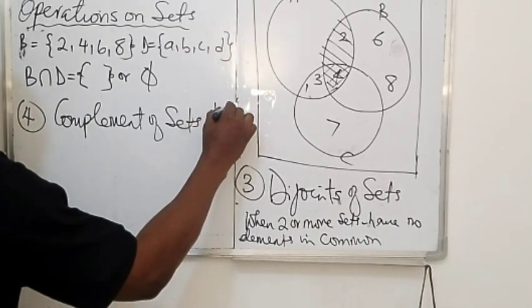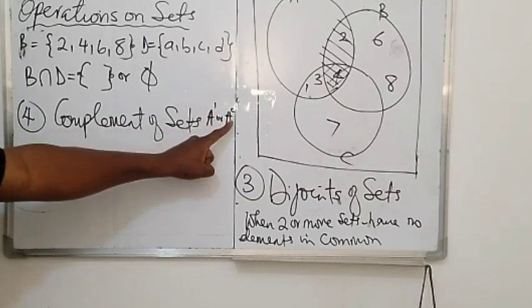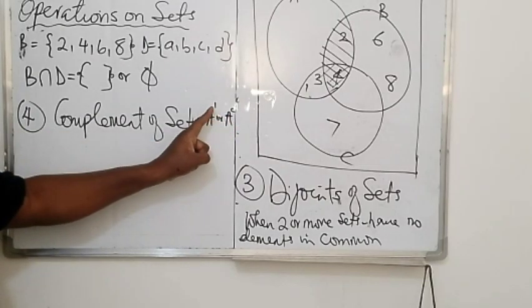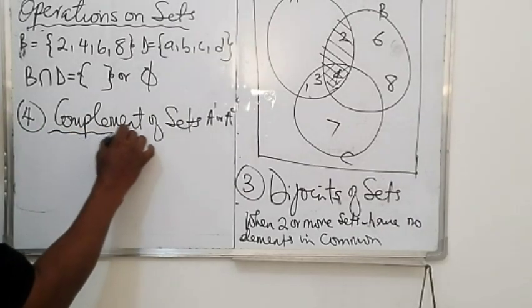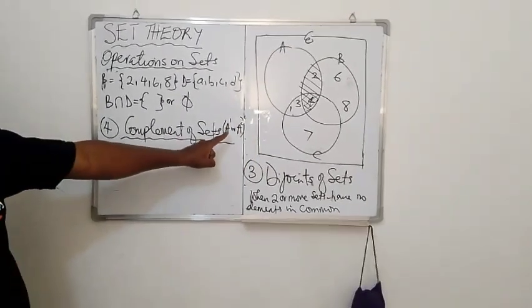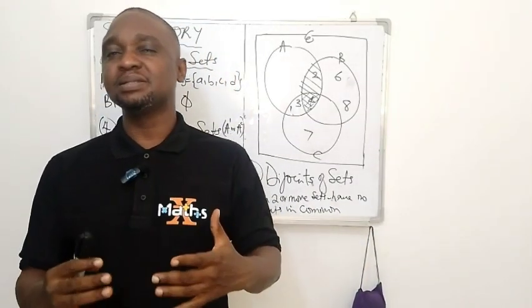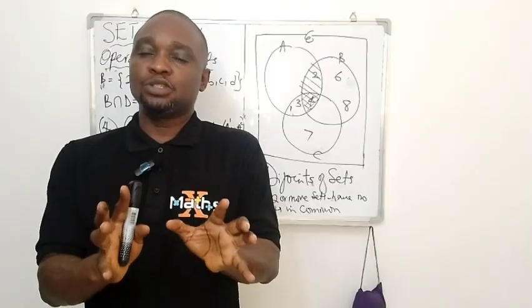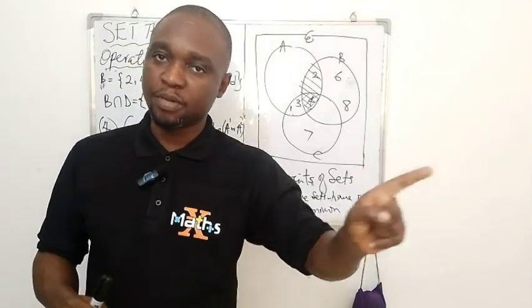Some books use A with a superscript C on top. It's called prime. So that is the symbol for complement of a set. Complement of a set refers to elements that are not in a particular subset, but they are in the universal or mother set.